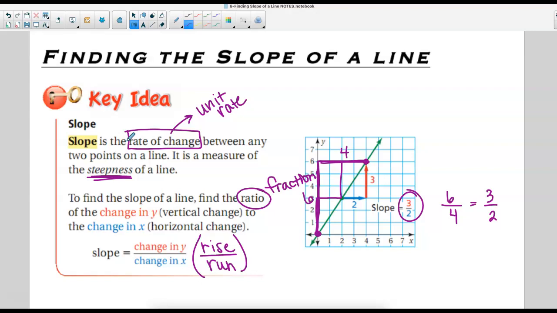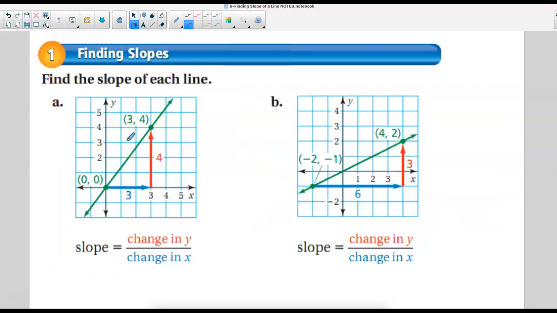Okay? So you're going to see some problems on your homework today that look like this. Find the slope of each line. Okay? Now, it's not necessarily going to give you the numbers here. You have to pick 2 points on the line. Any 2 points. Now, should I pick a point here? Would you pick a point in the middle of the line that's not on a corner? I wouldn't.